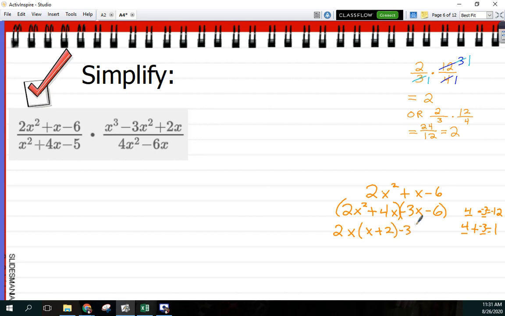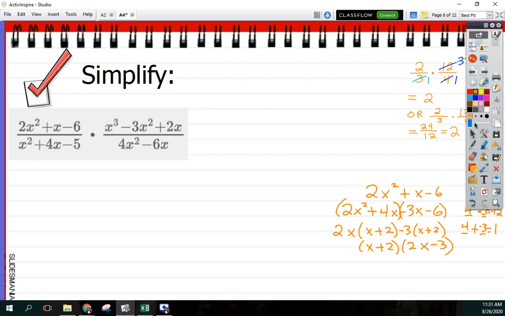I factor out a negative 3 from my second group. I'm also left with x plus 2. Now we have x plus 2 times 2x minus 3, and so we can substitute that in now for our top expression.